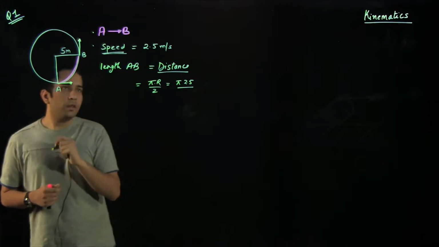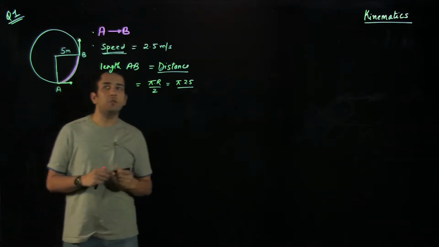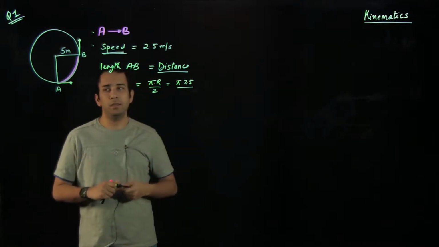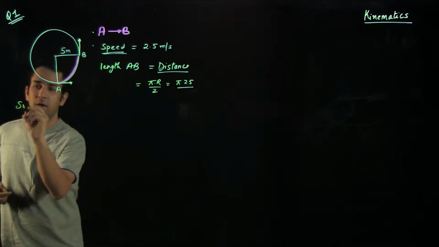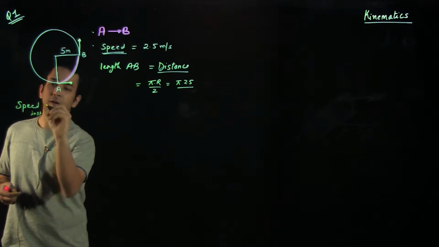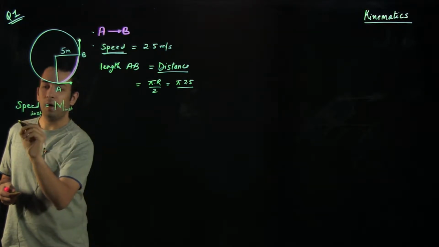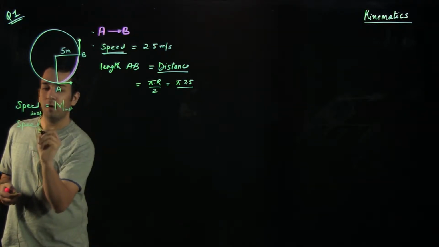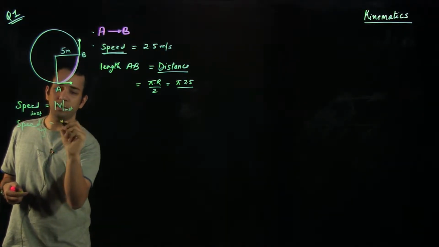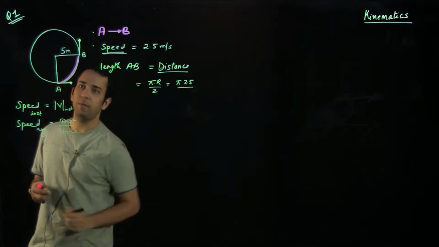So we know the length of the path AB, and we know the definition of speed. We are just recalling that the definition of speed at an instant is the magnitude of velocity at that instant, and the definition of average speed is distance upon time taken, or time interval.